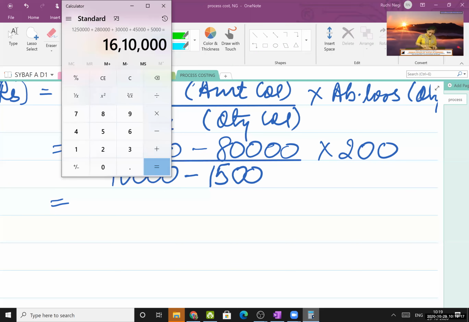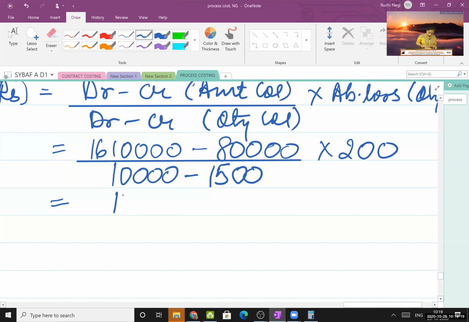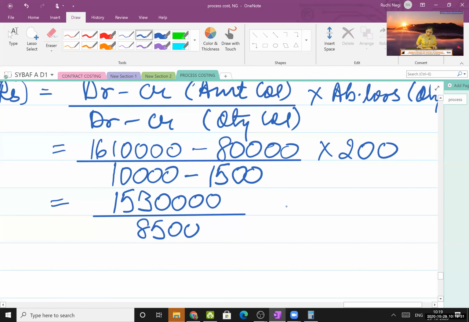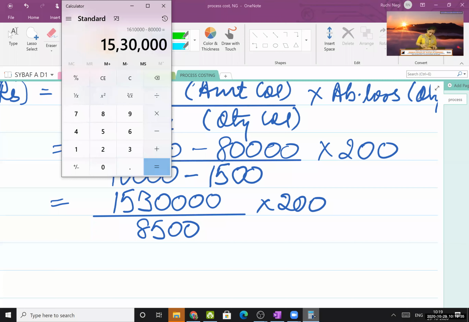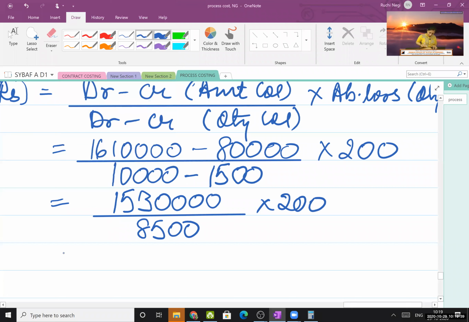Minus 80. 15 lakh 30, divided by 8,500. खाली करके देखो. तो 180 है मेरा cost price.